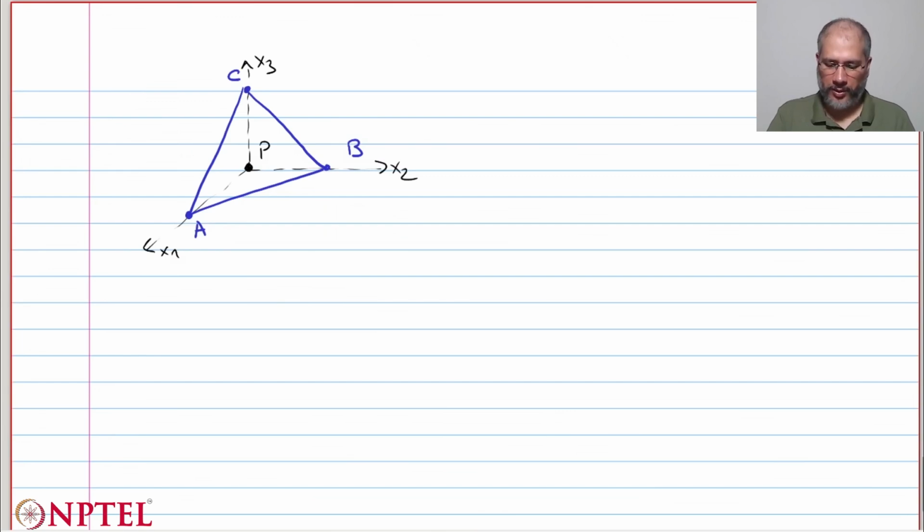One of these is the face ABC, and the other three are faces APB, BPC, and CPA. So you can see that the three faces which have P in common are coinciding with the three coordinate planes.